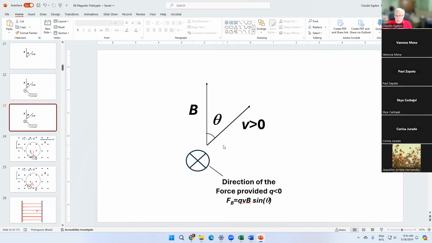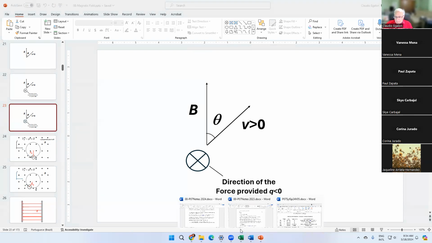The particle will still undergo circular motion, but there will be something else happening. Because the particle has a velocity component parallel to the B field, it is going to undergo a spiral motion along the magnetic field. That's what's going to happen.